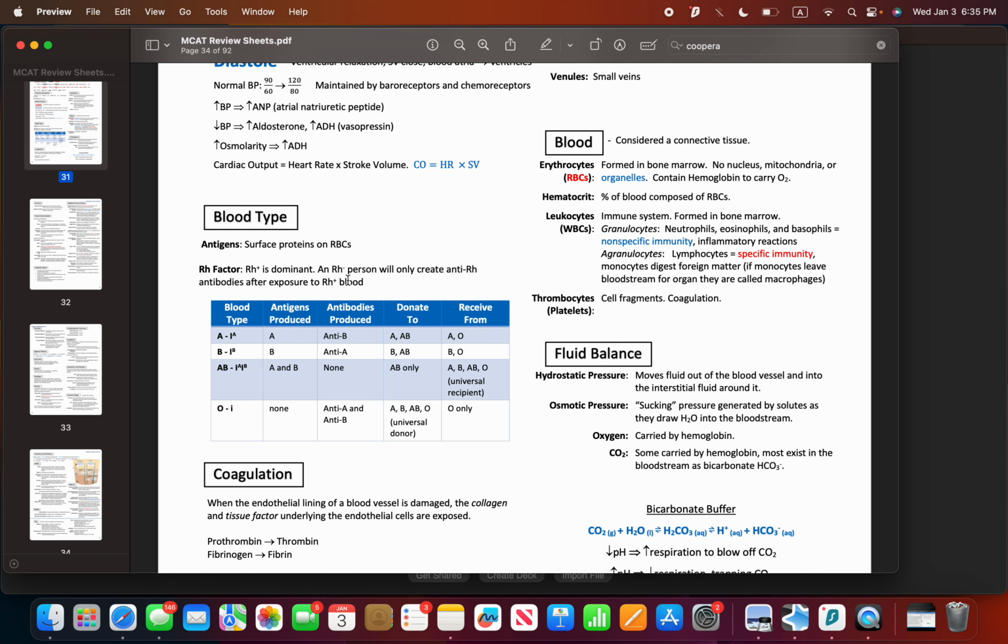Now, do we say Rh plus or Rh positive? Do we say Rh minus or Rh negative?